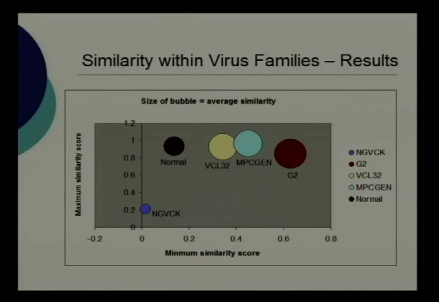And if we look at normal programs, they have a lower minimum, lower maximum, and lower average than the other 3 generators. G2 in this sense may not be that effective, because its average similarity is higher and it also has a higher minimum similarity.